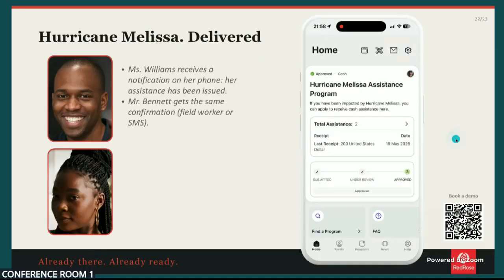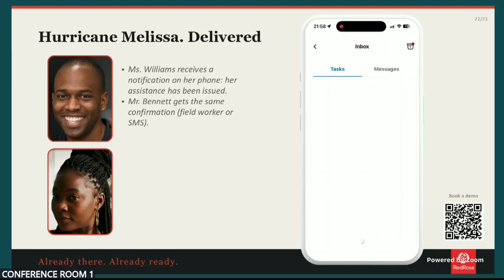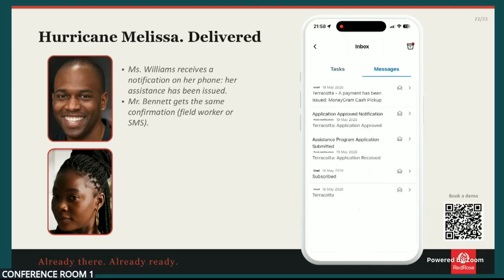Last thing, on Ms. Williams' end, she's going to receive a push notification saying that her assistance was issued. Mr. Bennett will receive the notification either through the worker, in person, or via SMS to his basic feature phone.